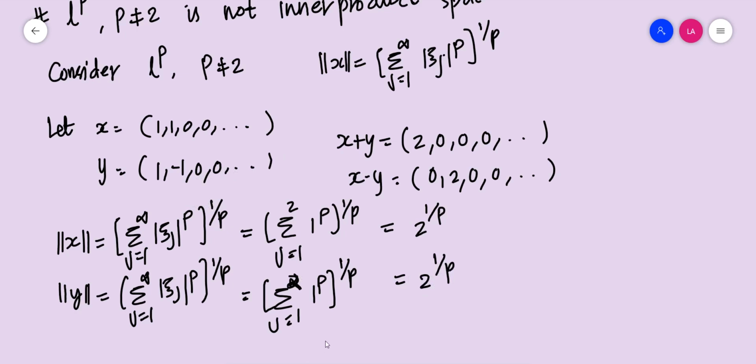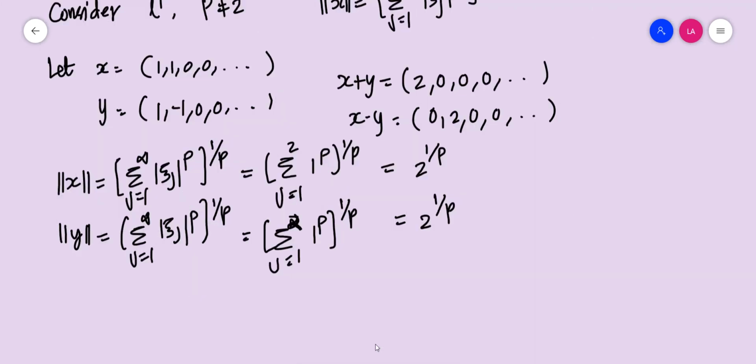Okay. Now moving on, consider the norm of x plus y. Here the only non-zero element is the first component, 2, and all other elements are 0.